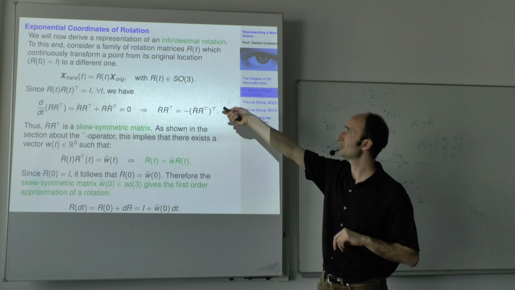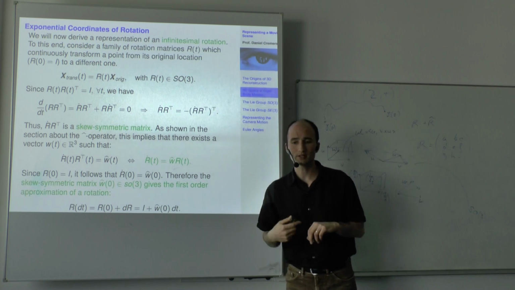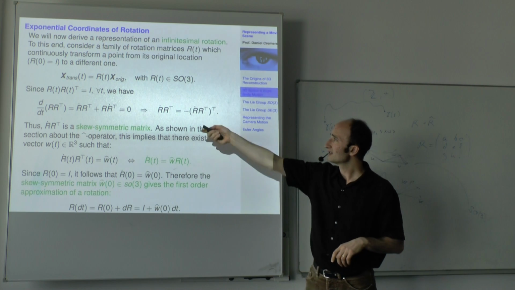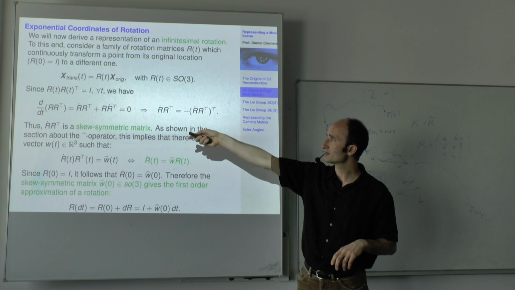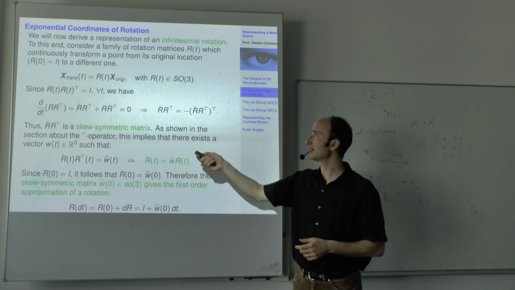R(t) for any time t is a rotation matrix, so an orthogonal transformation matrix with a determinant +1, and in particular we have this constraint: R times R transpose is the unit matrix for all times t.